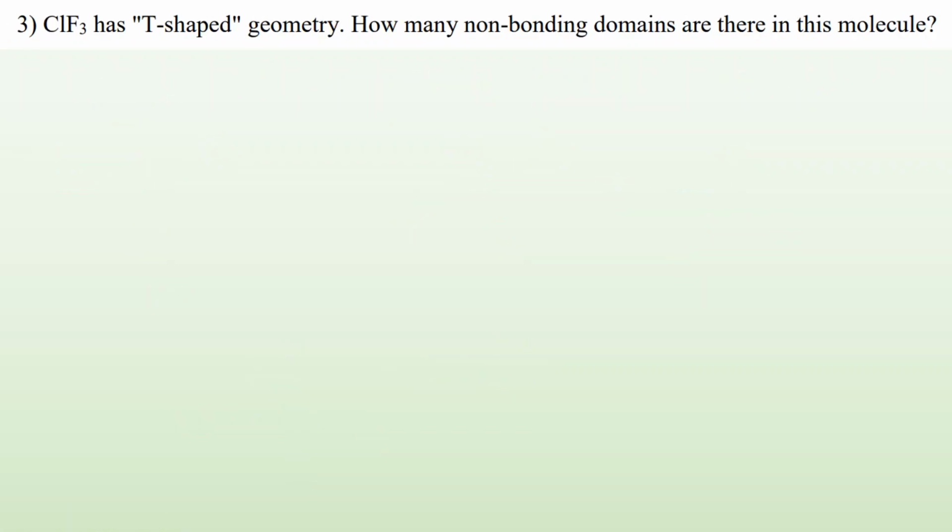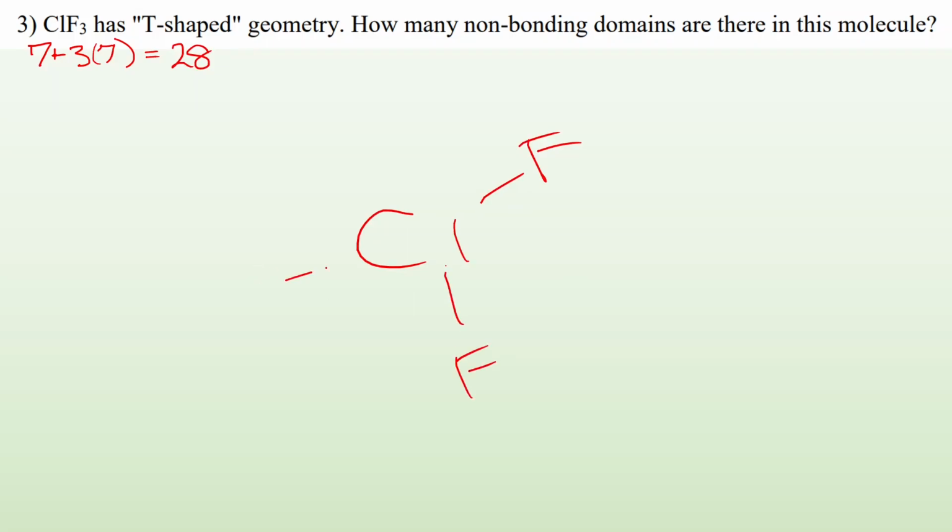Number three, ClF3 is T-shaped geometry. How many non-bonding domains are there in this molecule? Well, you could just draw it out. I know each chlorine has 7 valence electrons, and then each fluorine has 7 as well. So there's a total of 28 valence electrons. Put Cl in the middle, fluorine, fluorine, fluorine.